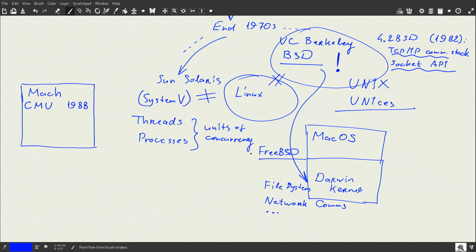Threads, on the contrary, is a much younger concept, and threads are lightweight processes. So the difference between processes and threads is about how much system resources they would use in order to be created and to run. So threads are, we would say, a lightweight process.